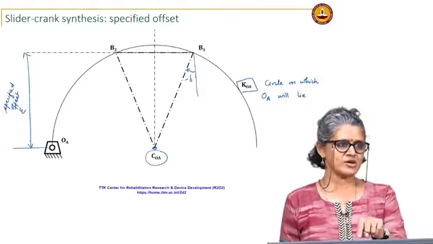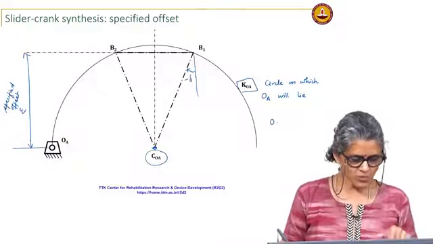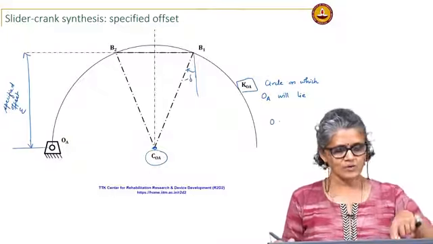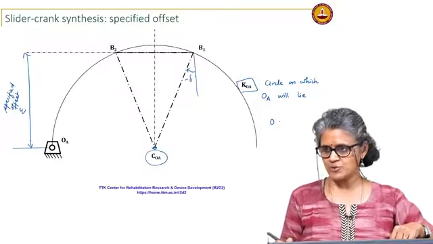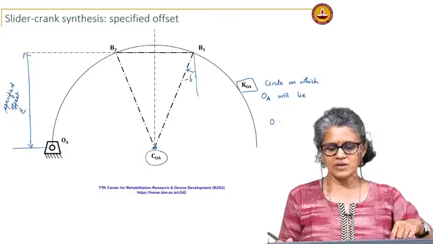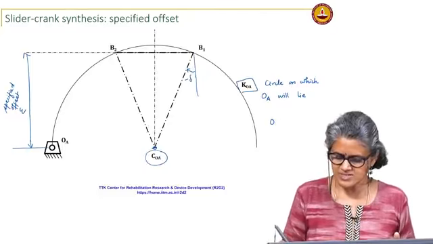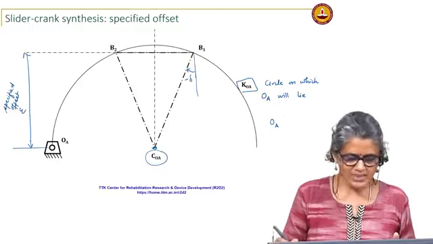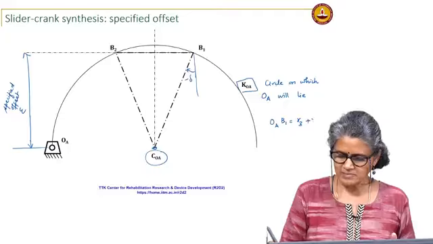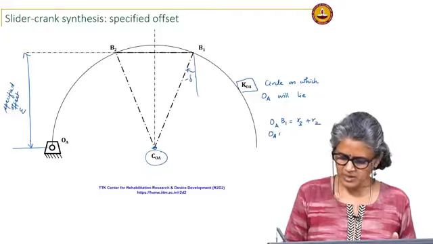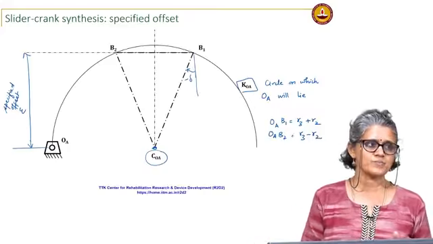Now, for a specified offset I get a unique solution, because once I know the circle and I specify the offset, I know exactly where point OA lies. You could say it could be on this side, but still it is considered a unique solution, and then OA B1 will be your R3 plus R2, OA B2 will be R3 minus R2.